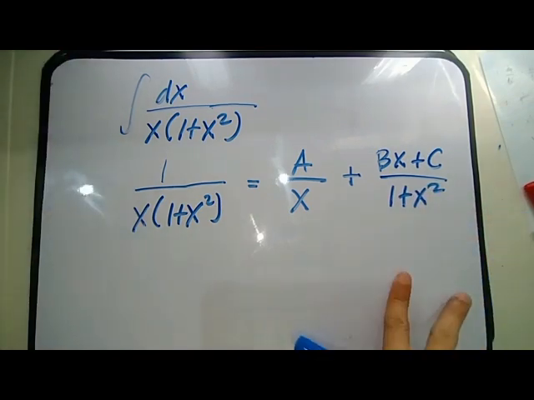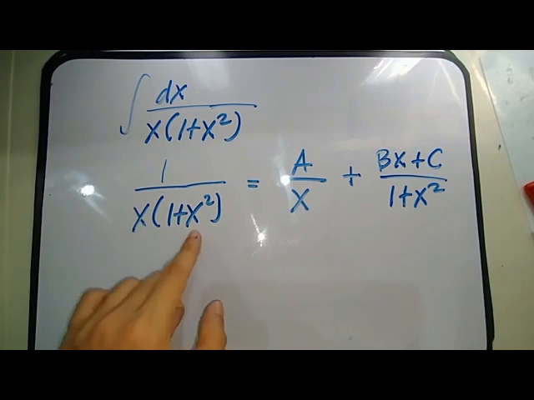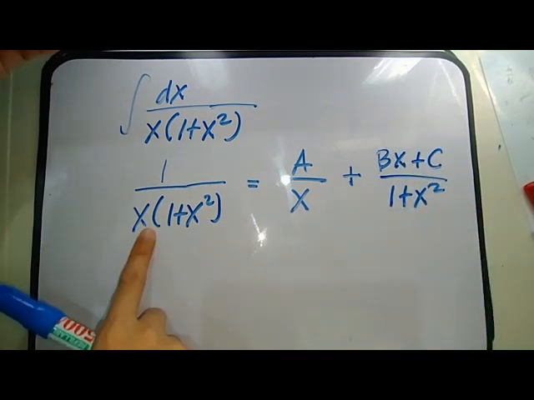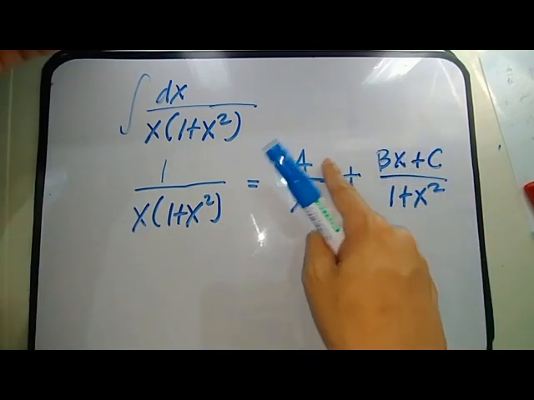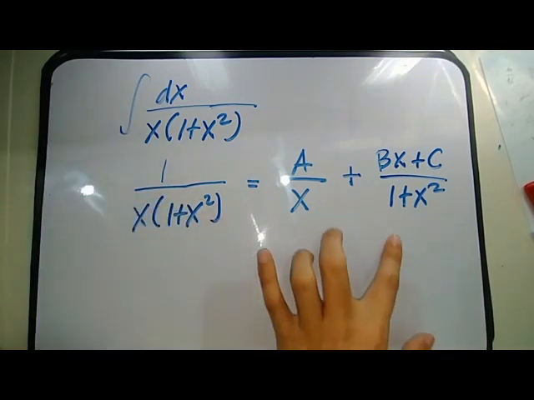Ganun guys yung pagkuha ng partial fraction. Since second degree siya, yung taas niya is Bx plus C, but kung first degree lang, A lang. So itong A, B, C, constants siya guys, so we need to find those constants in order to resolve this into separate fractions.